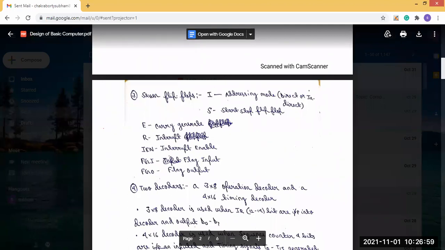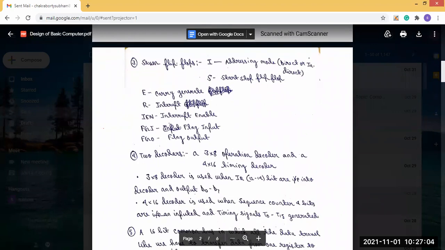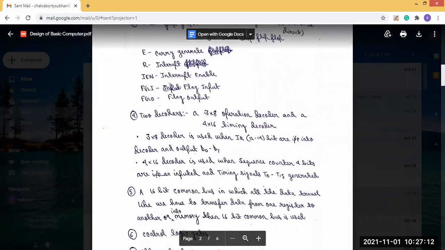So the 2 decoders are necessary: one for output signal generation, and another for the timing signals.